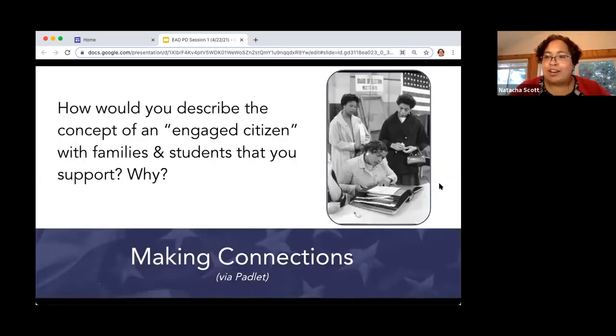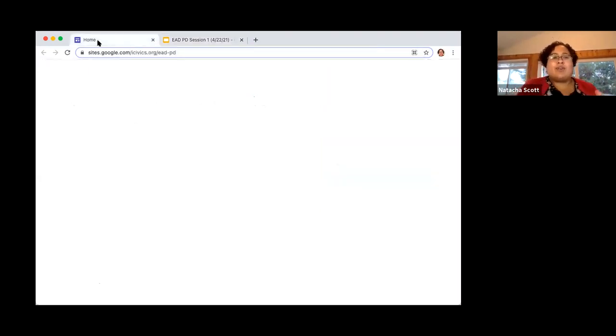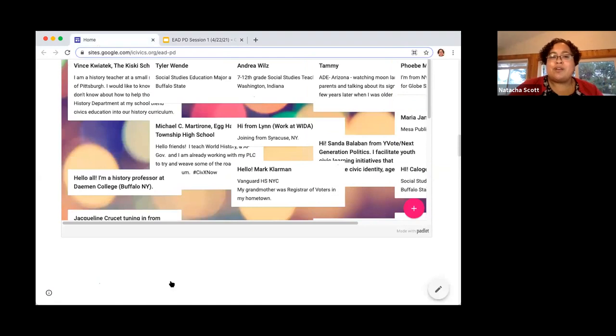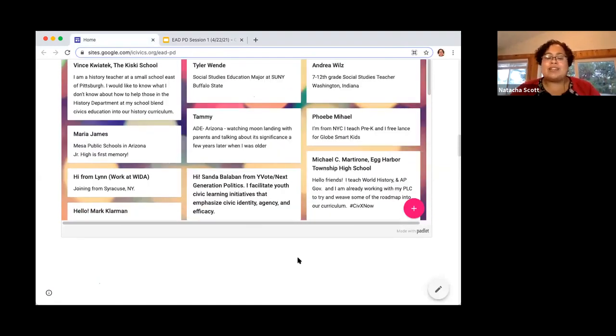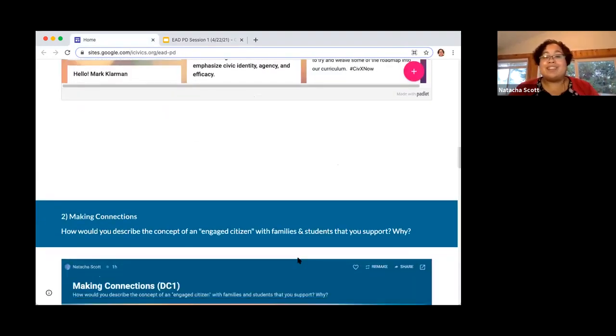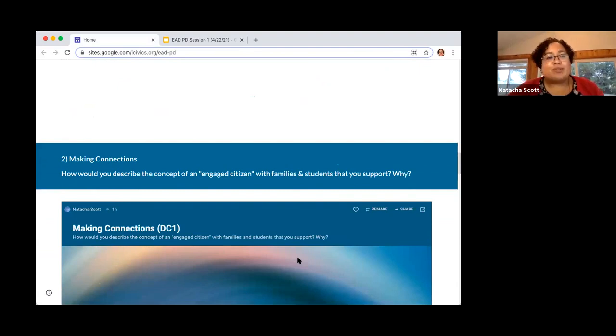So now that I've been talking at you for several minutes straight, we're actually going to stop. I want you to think about, how would you describe the concept of an engaged citizen with families or students that you support? And why would you describe it like that? If you go back to your Google site, if you moved away from it, we're right on number 2. So how would you describe the concept of an engaged citizen with families and students that you support, and why?